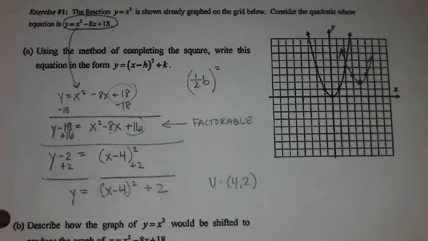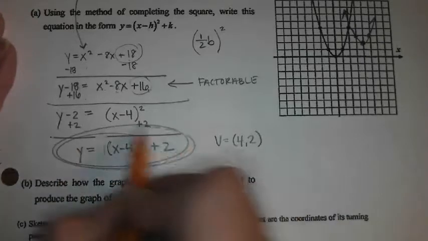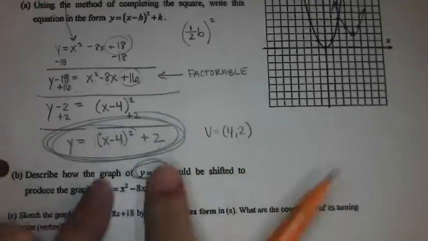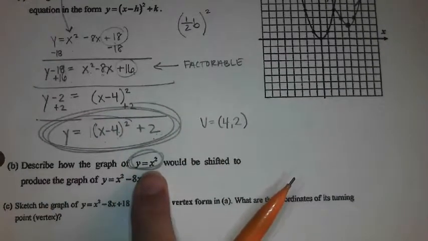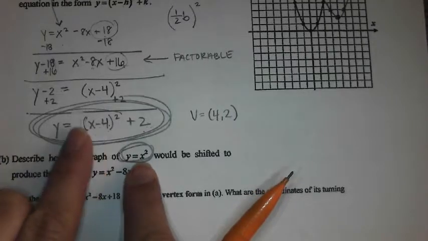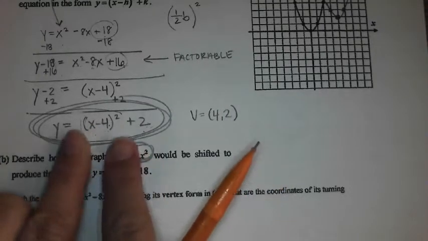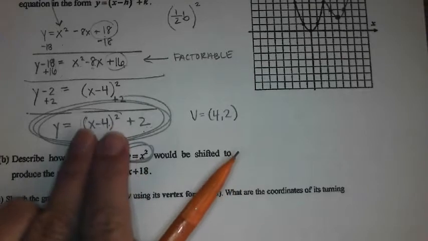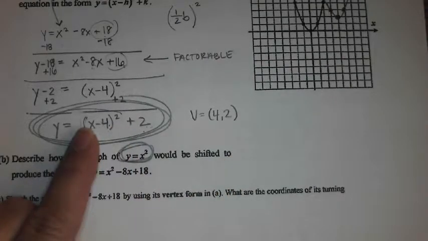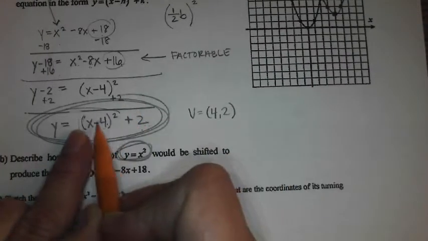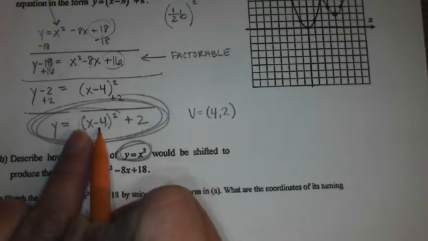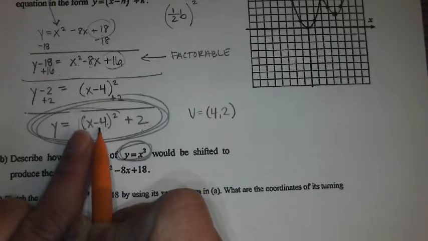Okay? Now, compare this with the parent graph. Shift your mindset here. Think of transformations. If this is the parent graph and this is the new graph, how has this been shifted? This negative 4 happened within the function, so that's a shift in what direction? Right 4 units.